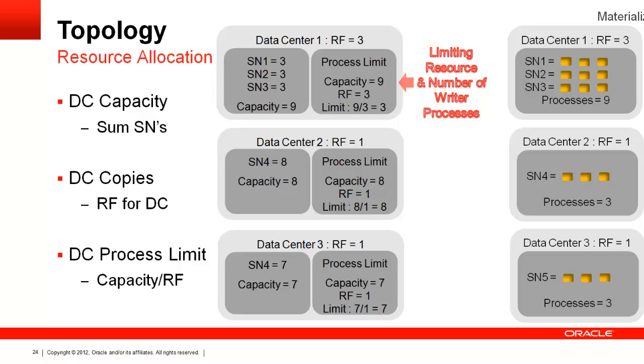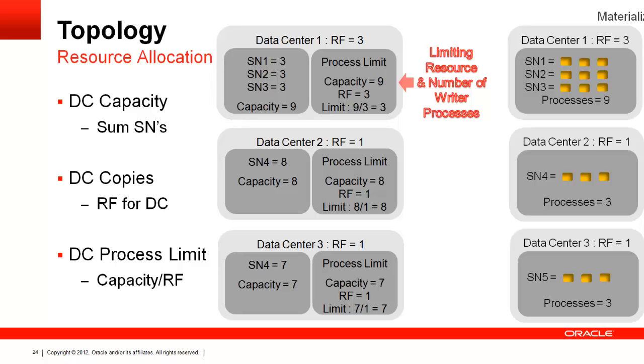So by the time you get to the second and the third process in storage node number 5, you've had to instantiate 9 replicas into data center number 1, right? Through storage nodes 1, 2, and 3. And so at that point, you've hit the capacity of the data center. You can't deploy any more processes because you're at your max capacity. So therefore, you can't deploy yet another process into data centers 2 or 3. So that's why 3 became your limit.